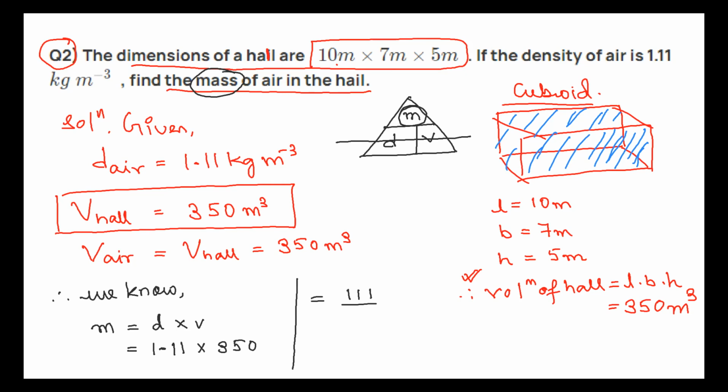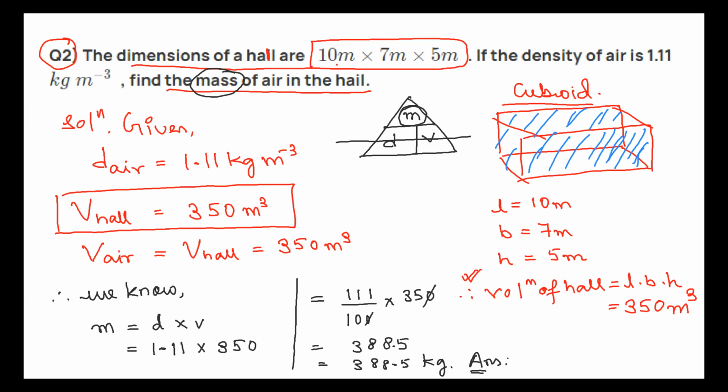How you do the multiplication, it's your choice. 35 into 1, 35 carry 3, 35 into 1, 8 carry 3, 1, 38. So answer will be 388.5. Since this is in SI, it will be kg. Answer.